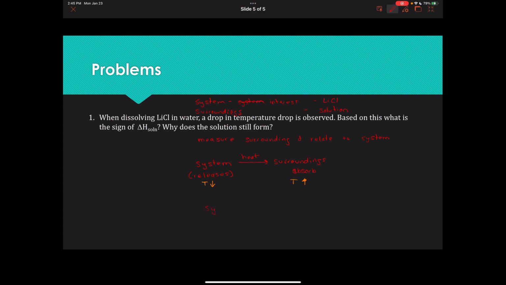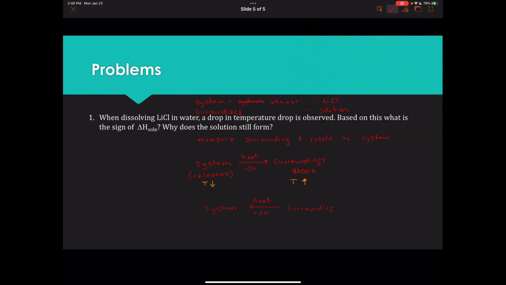Now, if the opposite is occurring, if heat is being transferred into my system, so my surroundings are transferring heat into my system.